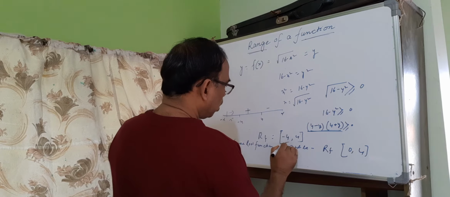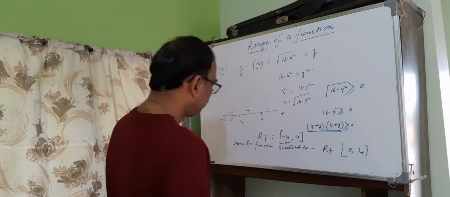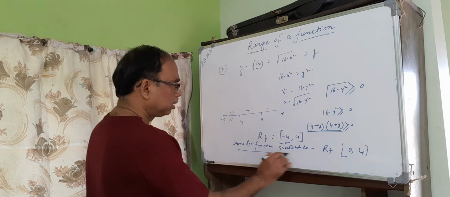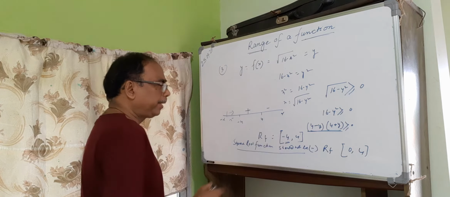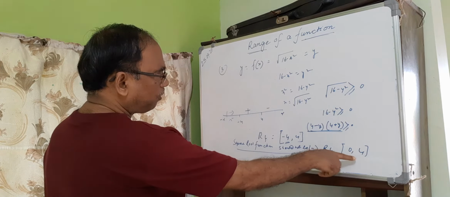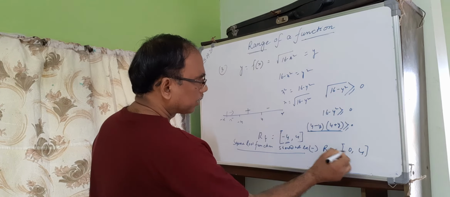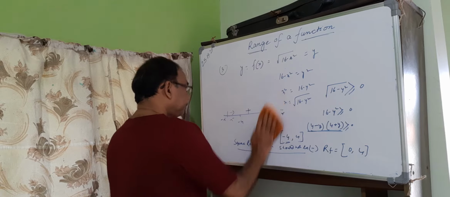Minus should not be included. 0 to 4 is the actual range of the function. A square root function should not be negative, so negative values should be avoided. Your actual range of this function equals 0 to 4.